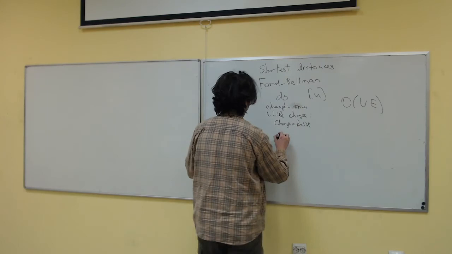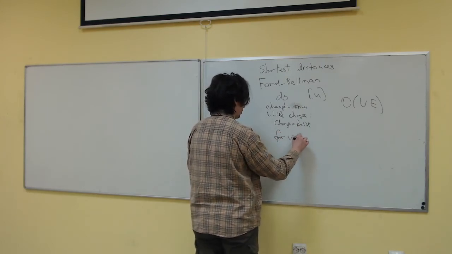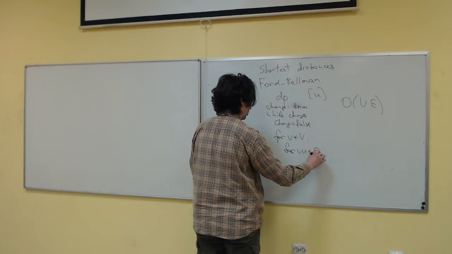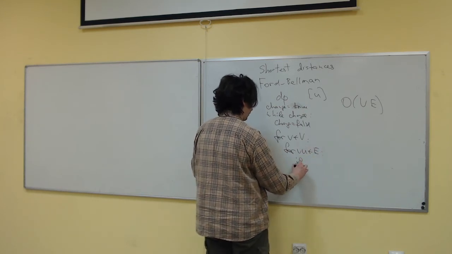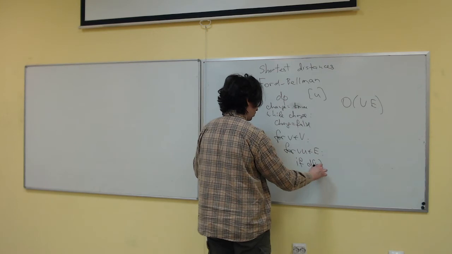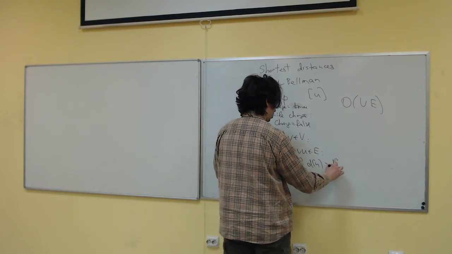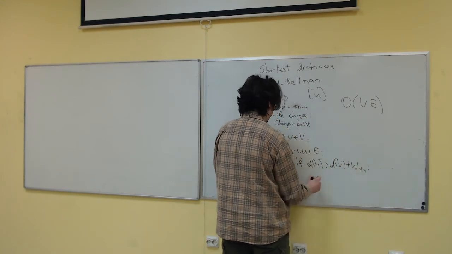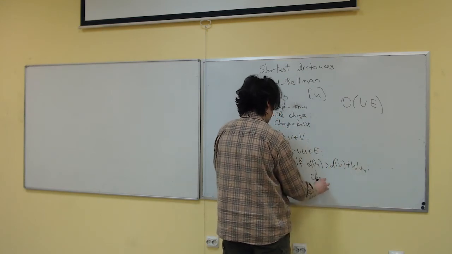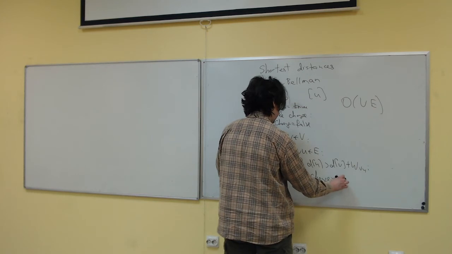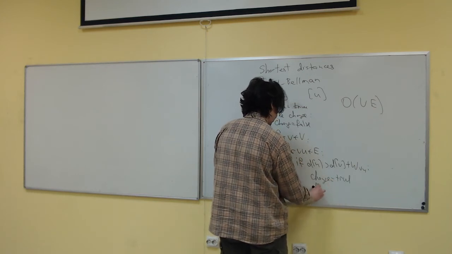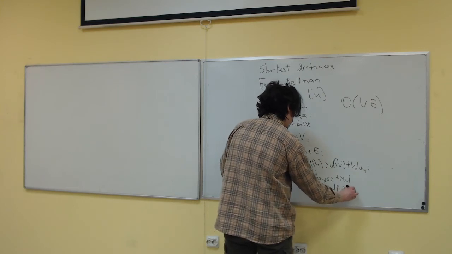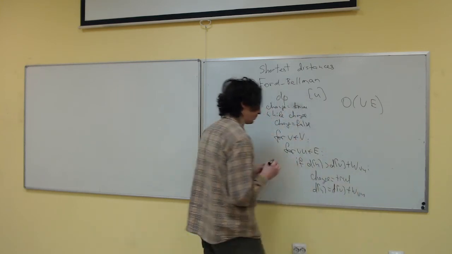Then we iterate through all the vertices, we iterate through all the edges. If distance of u is bigger than distance of v plus w of vu, we say change equals true, and we say d of u equals d of v plus w of vu.